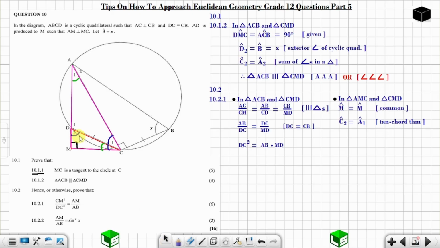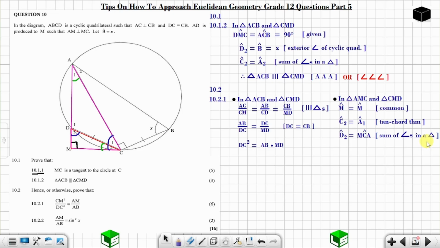So automatically the two angles are equal. Angle D2 is equal to angle MCA, this angle. The reason is sum of angles in a triangle.